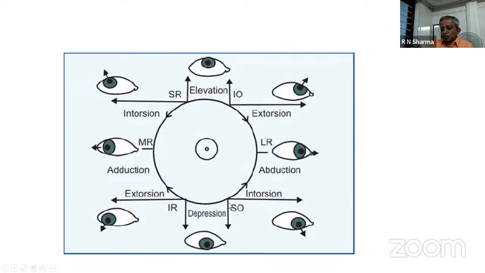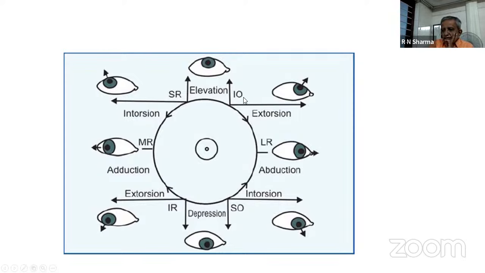Now the outer quadrant is pulled towards the midline, toward the nose. Therefore, the superior oblique will act as an intortor, and also as an abductor, which I already explained. So the inferior rectus produces adduction, and the superior oblique will produce abduction. Now come to the inferior oblique.